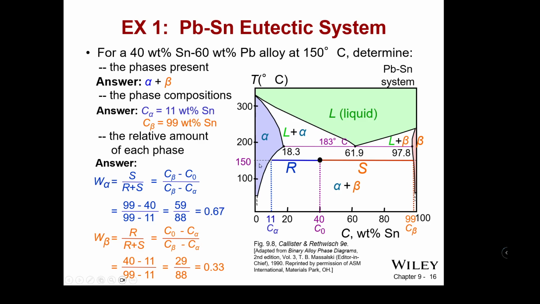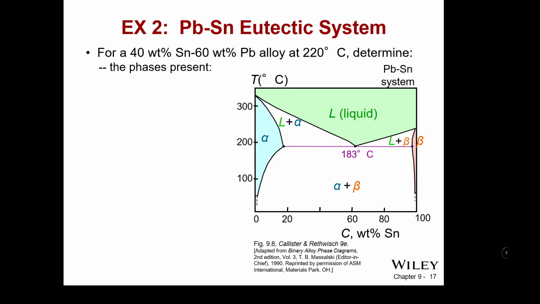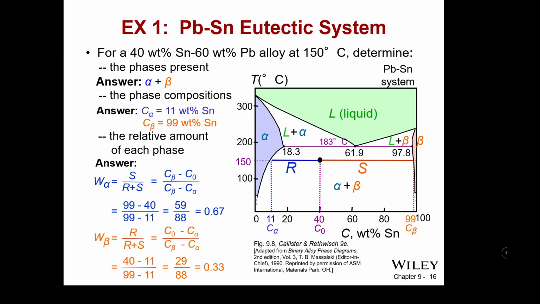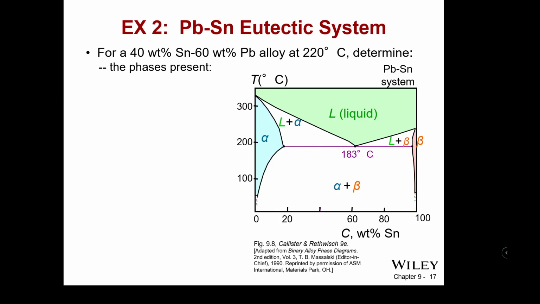So 67% is alpha, only 33% is beta, based on our calculation. So most of the material, based on a 40 weight percent tin at 150, at that specific temperature, this is the ratio of these two grains, the weight fraction. So it's roughly 2/3, 1/3, based on that material.